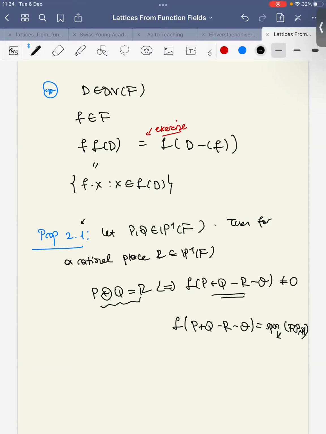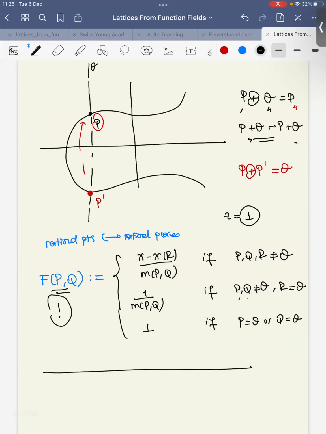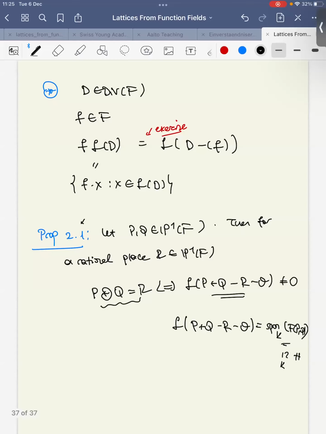Note that it's not supposed to be always k. Even though this is isomorphic to k, we might not get the equality because this function might have poles and zeros, but we know that any constant cannot have any zero or pole. So let me continue its proof in the next video.